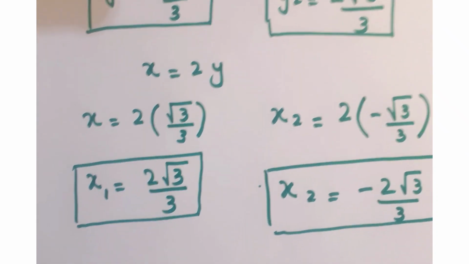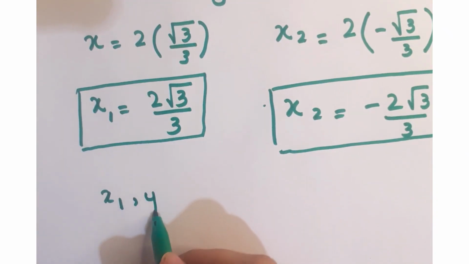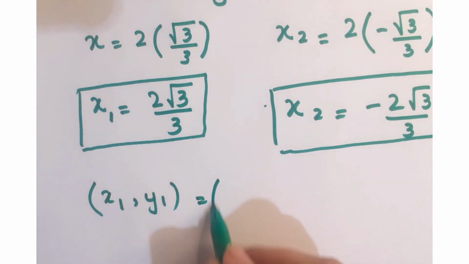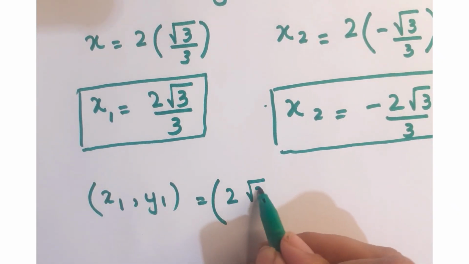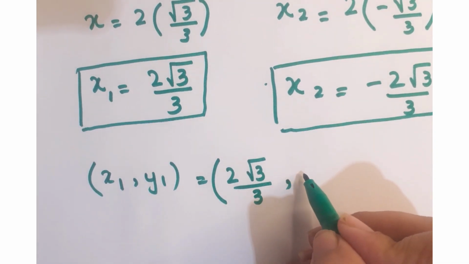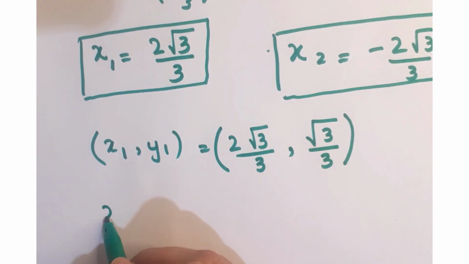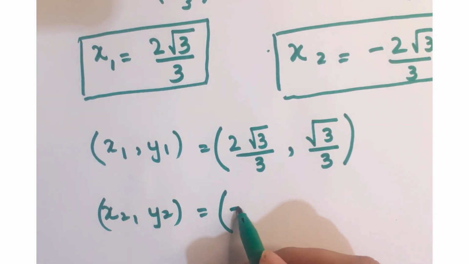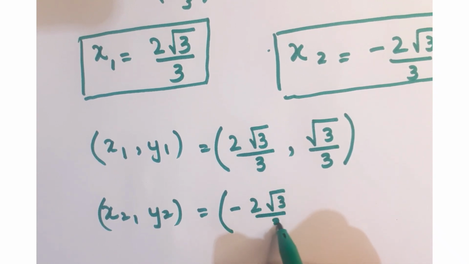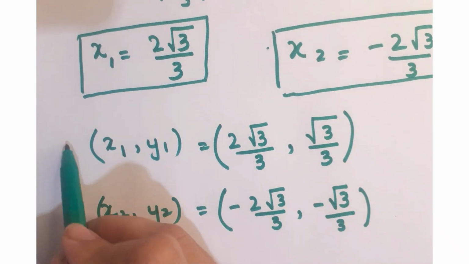So we have the solution set: x1 comma y1 is equal to 2 under root 3 upon 3 and under root 3 upon 3, and x2 comma y2 is equal to minus 2 under root 3 upon 3 and minus under root 3 upon 3.